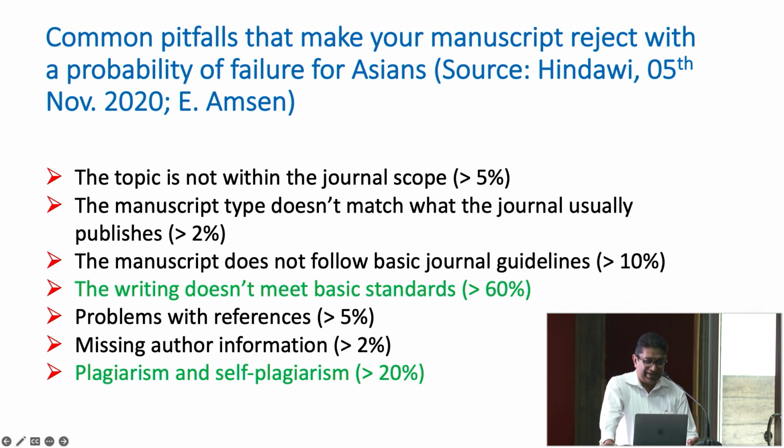The manuscript does not follow basic journal guidelines. Still it is there. Because I'm talking about whatever statistics are applicable for Asians, right? This is all for Asians. So still we sometimes do not follow the guidelines. Then again your manuscript can get rejected.